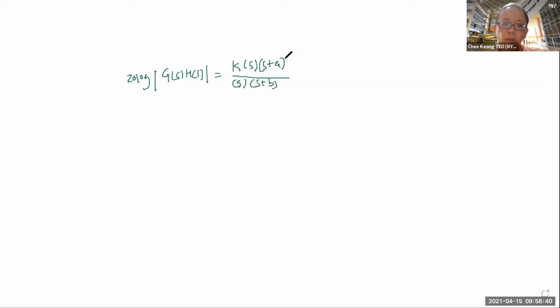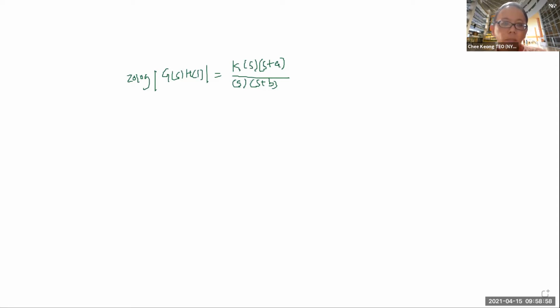Of course, you can have S plus C, but this is the same type of form as this, so we don't discuss this. Basically, we are just interested in these 5 forms, the 5 possible ways the thing is being expressed.